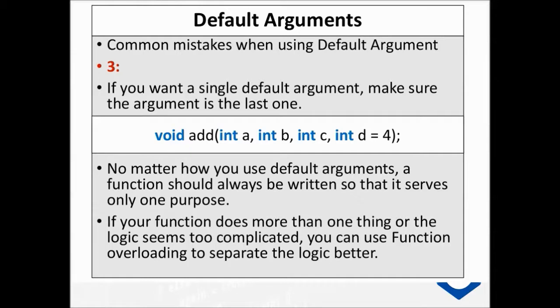So this function is declared with no error. No matter how you use default arguments, a function should always be written so that it serves only one purpose. If your function does more than one thing or the logic seems too complicated, you can use function overloading to separate the logic better.